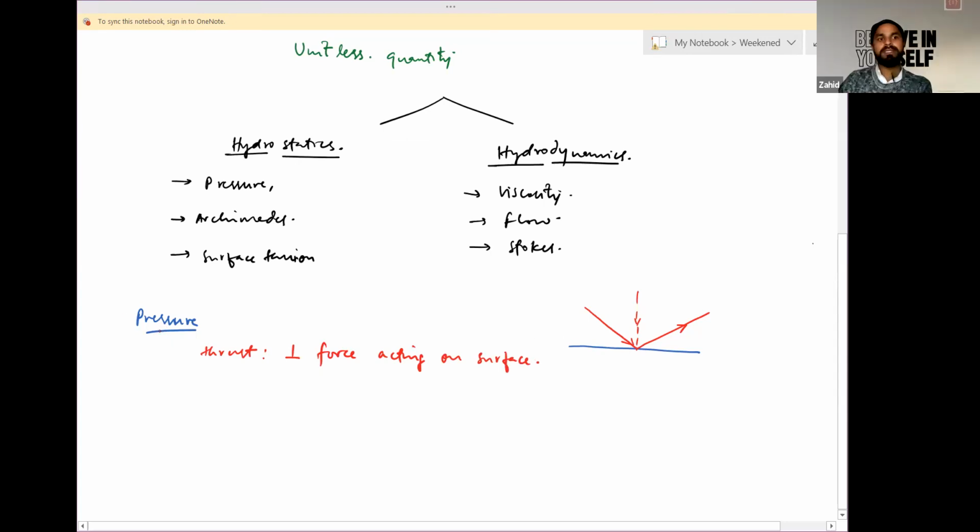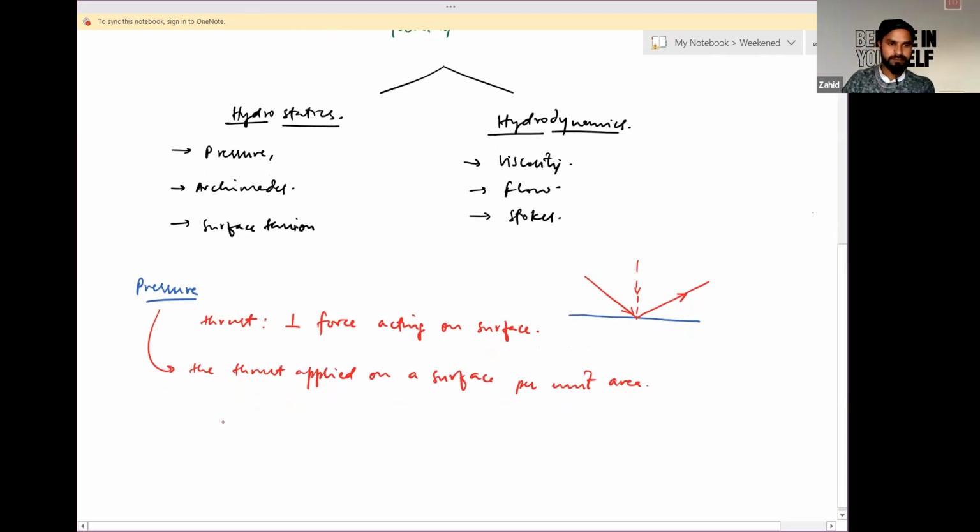Pressure is due to that perpendicular force applied over that particular surface. So pressure is basically due to thrust applied. Pressure is the thrust applied on a surface per unit area. So P equals F perpendicular divided by area of cross section.